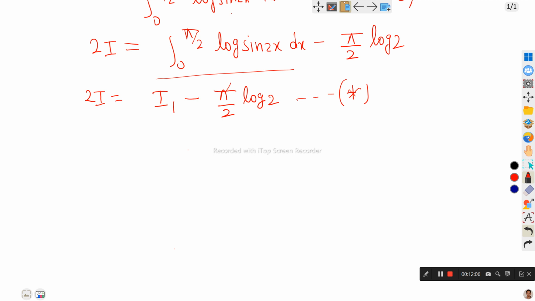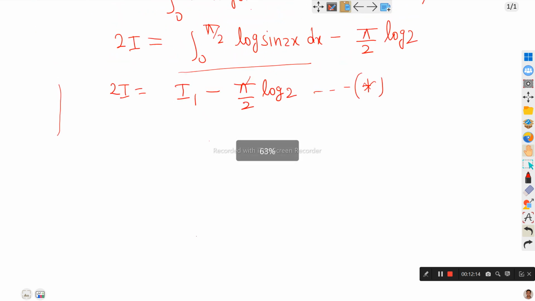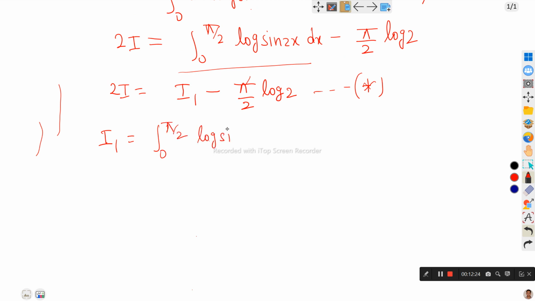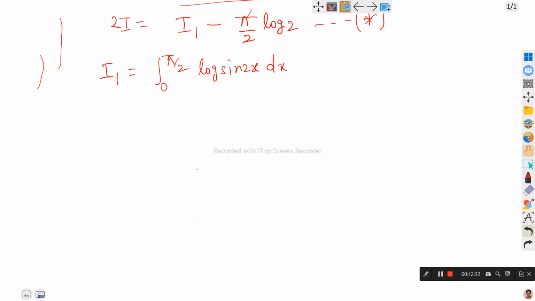This equation we take as a star. Now, what is I1? I1 equals the integral from 0 to pi by 2 of log sin 2x dx.